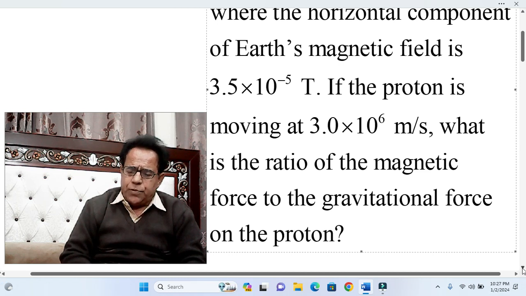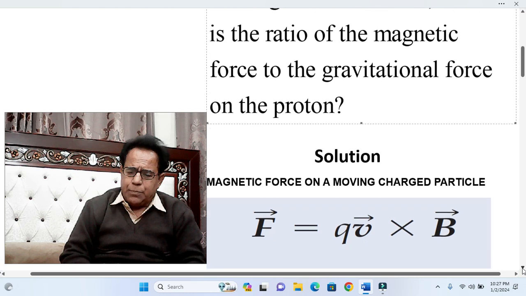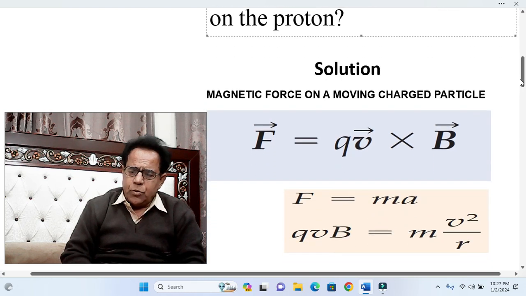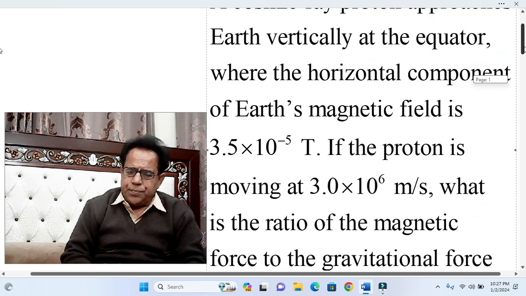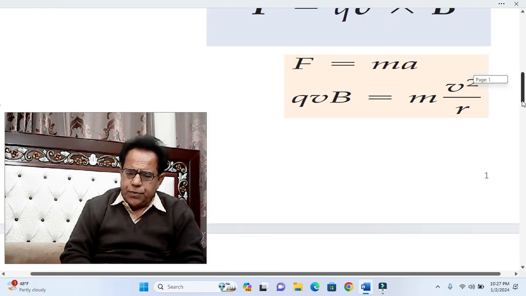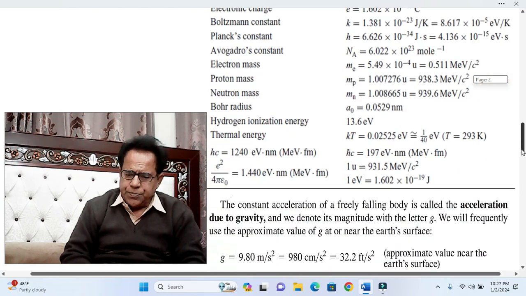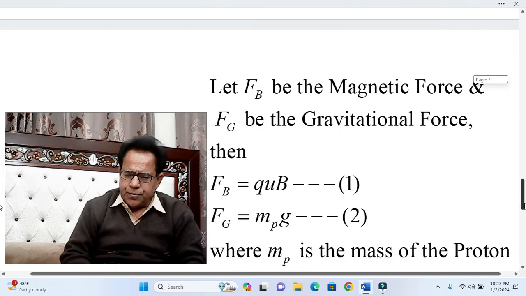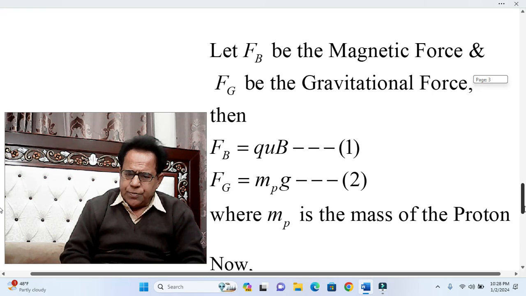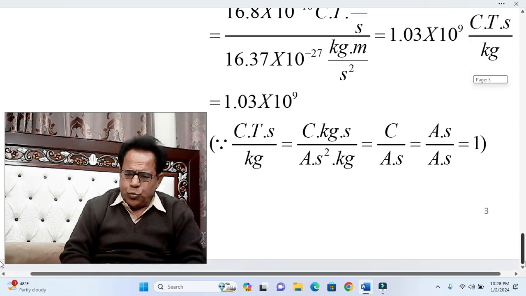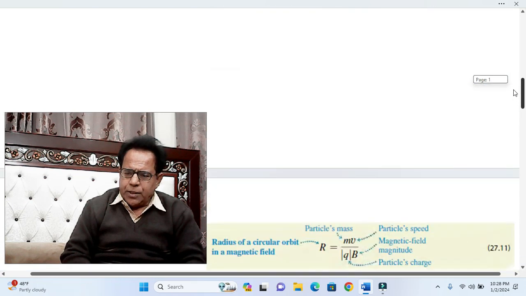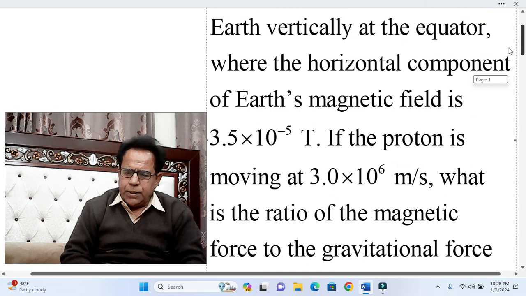It is similar to our previous problem, but with no black body.